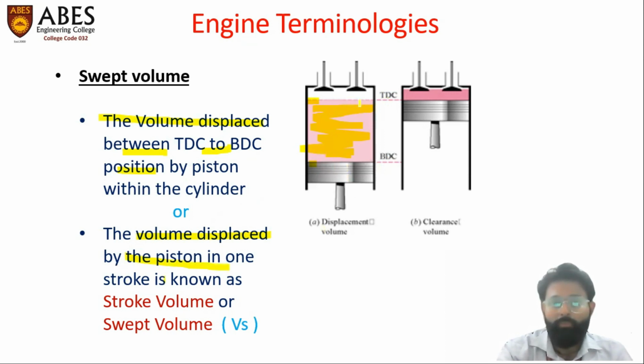When a piston goes from TDC to BDC, it is called one stroke of a piston within the cylinder. The volume swept by that piston is also known as stroke volume or swept volume. It is referred to by the notation Vs. V stands for volume, S stands for swept or stroke. That's why it is referred to as Vs. So Vs is the swept volume.